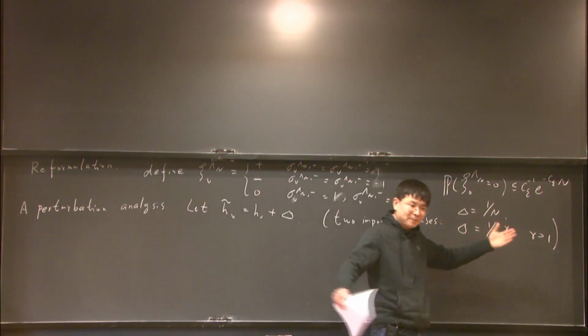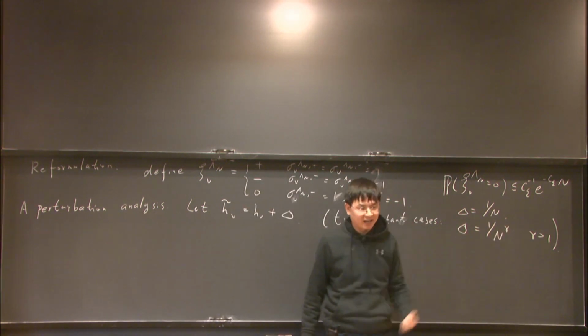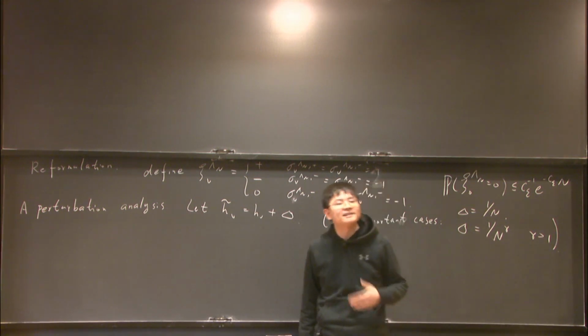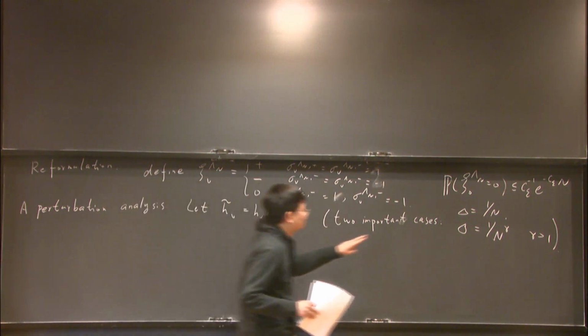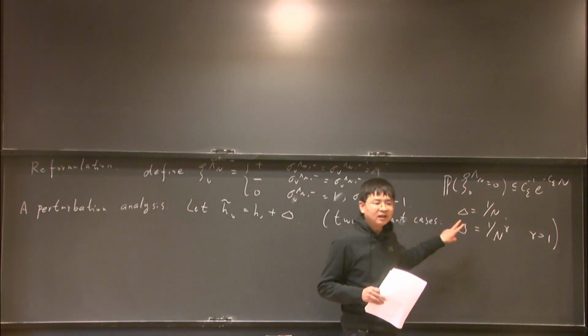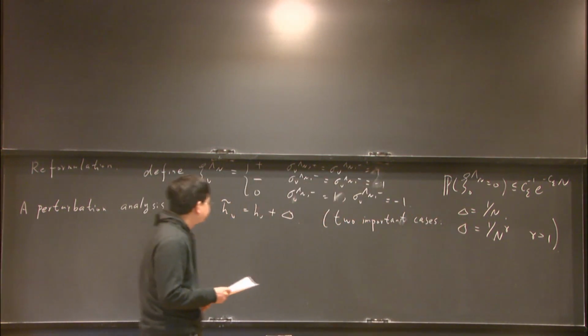And if this happens for many scales, this is going to give a large power decay. Once you have a large power decay, then it's a standard argument to enhance it to exponential decay. That's roughly the importance of these two cases, and that's what we do later in the argument.